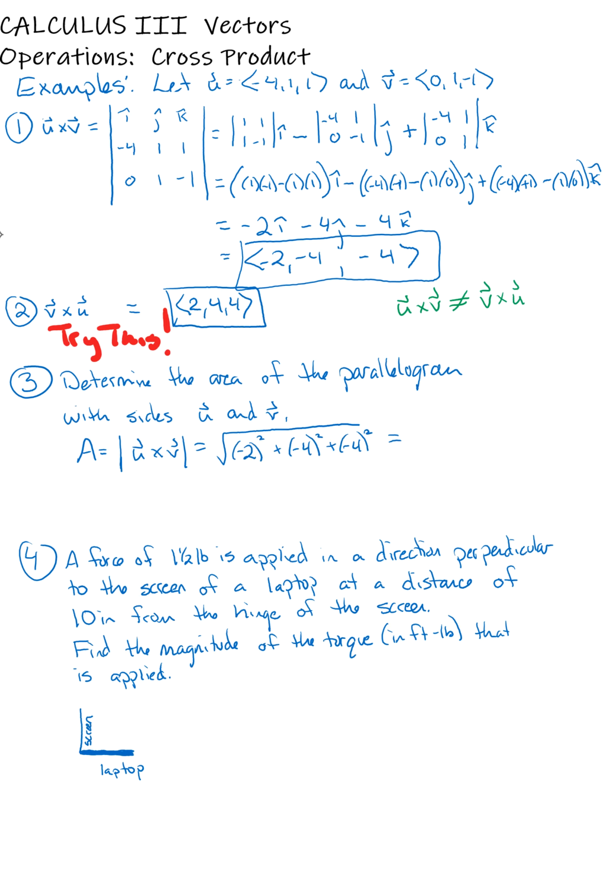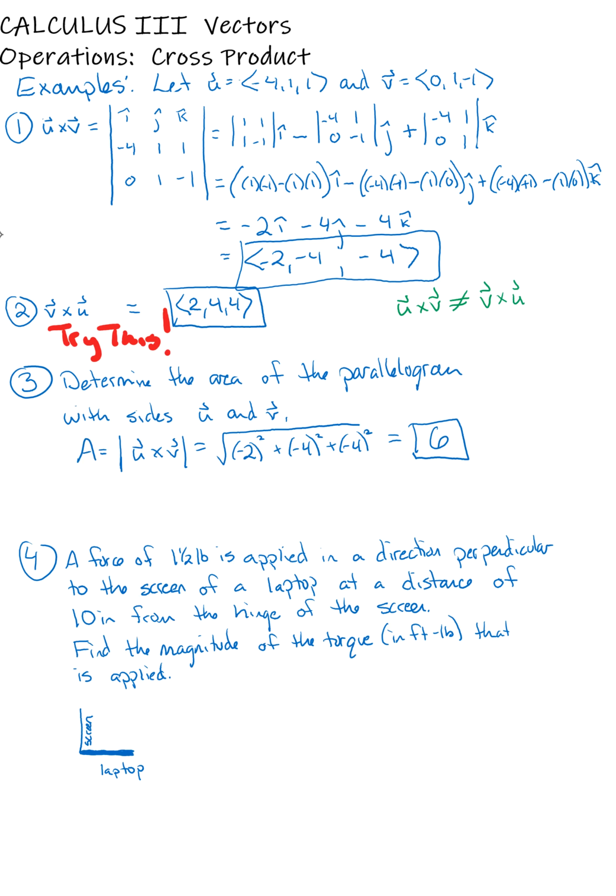I think we end up with 6. So the area of the parallelogram that has U and V as its sides is 6. Now remember, U and V are in three dimensions, so visualizing this parallelogram might take a bit, but we know the area. It's 6.